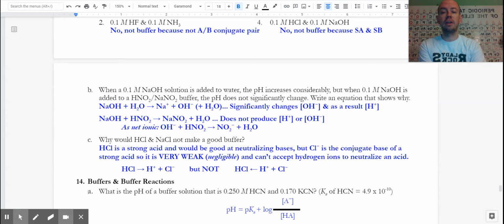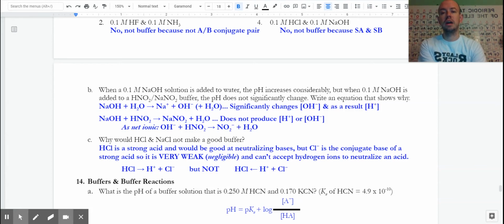But in a buffer, we have something there that can neutralize our strong base. The part of the buffer that reacts with the base is the acid part. The part of the buffer that would react with HCl or another acid would be the base part. So I don't need to include the fact that I've got sodium nitrite in this reaction, because it's the nitrous acid that is reacting, but both are there.